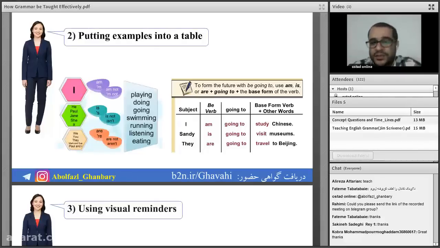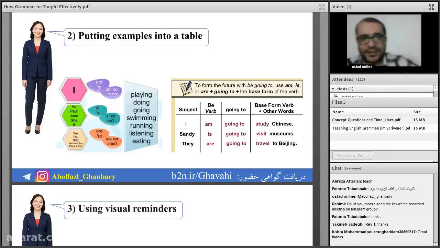Putting examples into a table. I think it is more effective for the learners because, again, form is a kind of abstract issue and putting them in a table is more meaningful. I don't know. It is my idea. Maybe you say no, I do something else because I think it is more effective. Yeah, it depends on you.